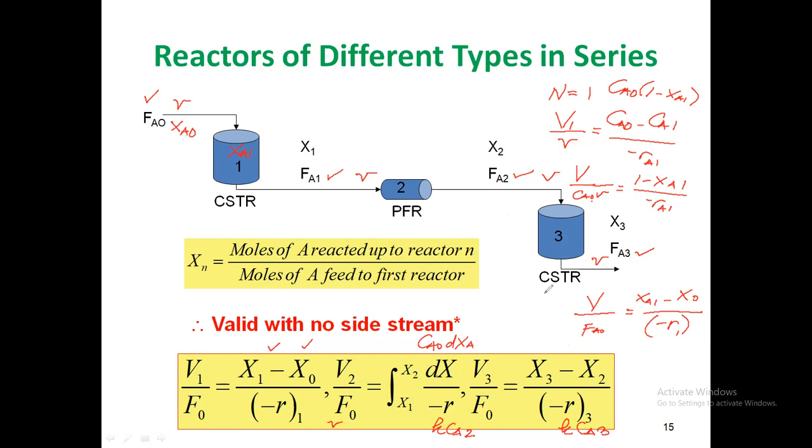Now, the answer to that, class, is because you already have the PFR. And the PFR is processed, its performance equation is processed using the unknown function x sub a. So the integral is based on the unknown function x sub a, not in terms of concentration.